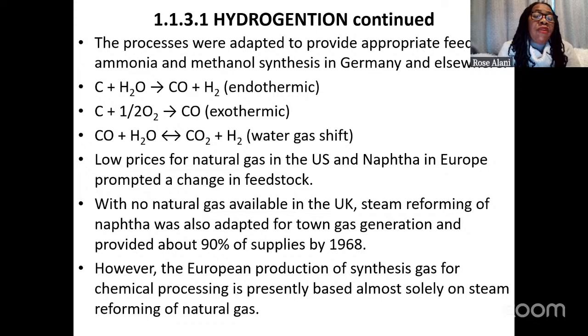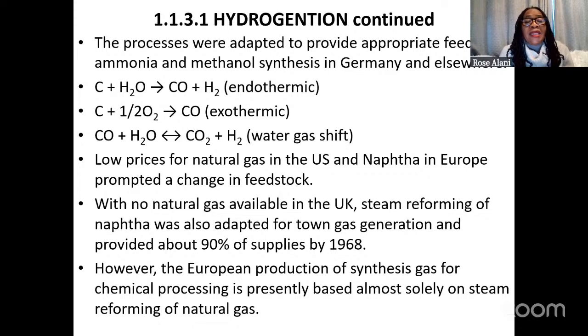So you have carbon and steam, and that produces carbon monoxide and hydrogen. You also have carbon reacting with oxygen to give carbon monoxide. You have carbon monoxide reacting with water to give carbon dioxide and hydrogen.